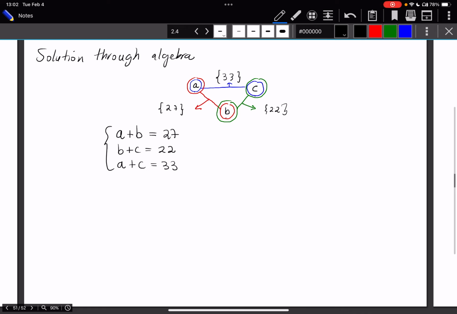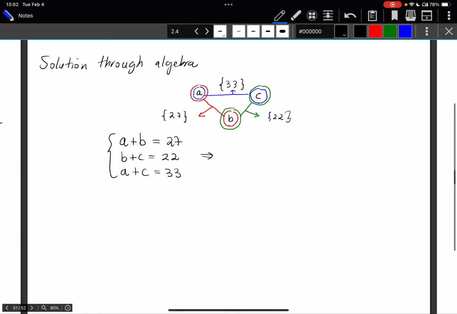So if we were to fix B, and we know that we don't have B fixed at this point, but if we were to fix B, we would be able to find A and C because here A actually comes from taking 27 and subtracting B. Whatever B is, we need A plus B to be 27 from the picture right here. So as we solve for A, we find that A must be 27 minus B.